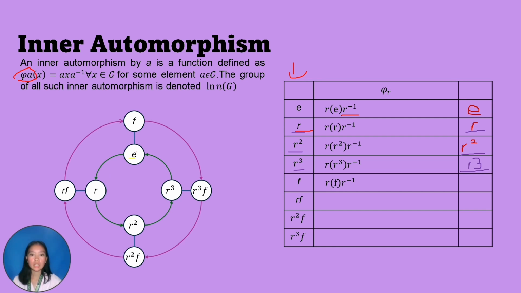For F, we will take R, F, and R inverse. So let's try it. First, we have the rotation, and then we flip and rotate inversely.